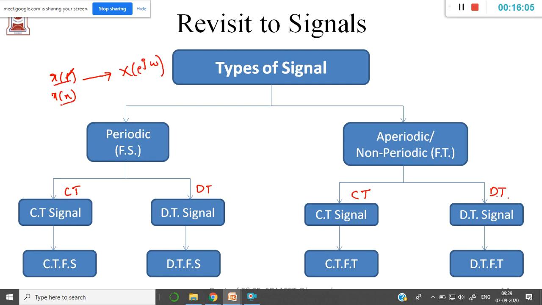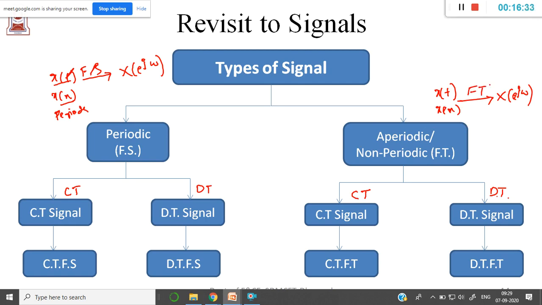If this signal x of t or x of n is periodic, then simply apply FS, that is Fourier series. If the signal is aperiodic, whether a continuous time signal or a discrete time signal, and I want to analyze its frequencies in the frequency domain, then simply apply the Fourier transform.